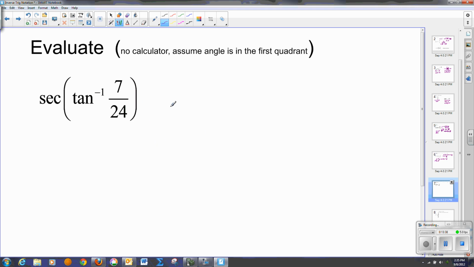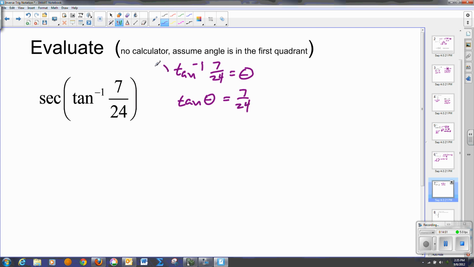Another similar example, we know that if we have inverse tan 7 over 24 is equal to some unknown theta, then I can say the tan of theta is equal to 7/24.